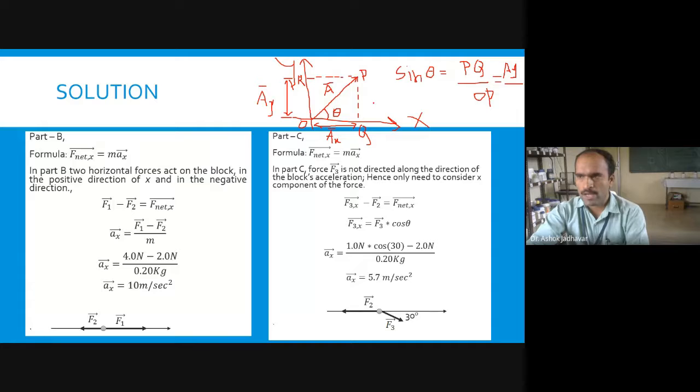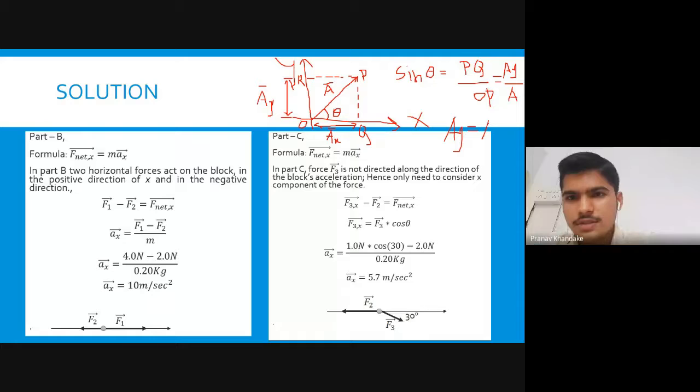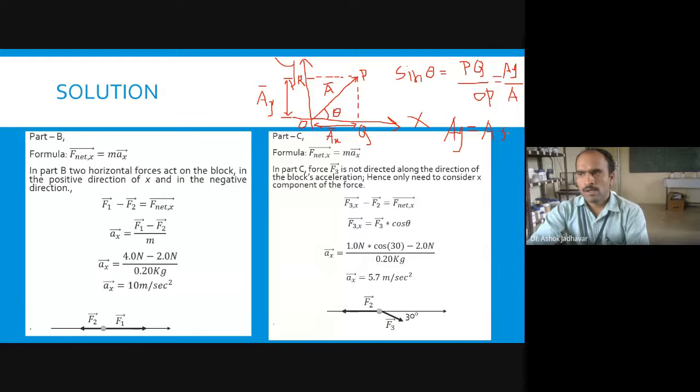OP is A. So AY is equal to A multiplied with sine of theta. You might have seen this before, and you must have used this in your 11th and 12th also. Am I correct?